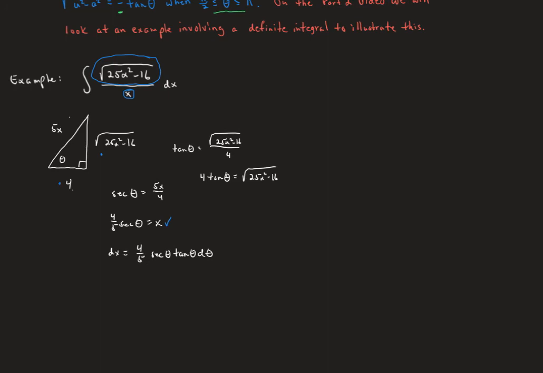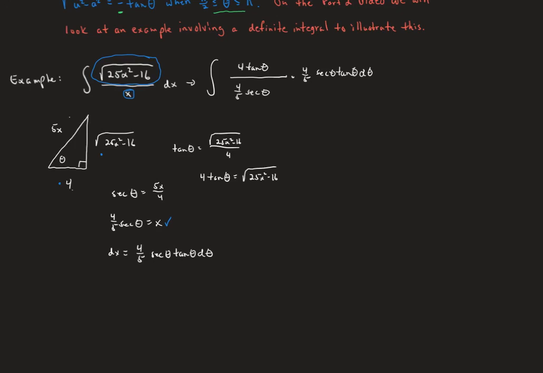Okay, so here we go. The radical up on top is going to become a 4 tangent theta. The x in the denominator is going to be our 4/5 secant theta, and our dx will be replaced by a 4/5 secant theta tangent theta d theta. Okay, I think we've accounted for everything there.